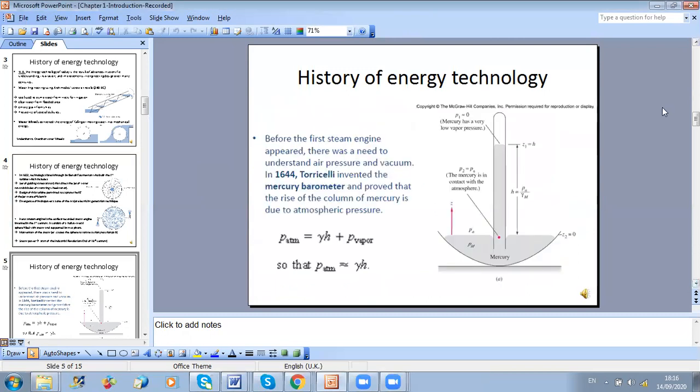Okay, now a very important thing is to know the concept of pressure, because as you have seen, we are talking about, let's say, pressure drop. When you have a pressure and flow, it's also a form of energy. It's called flow energy.